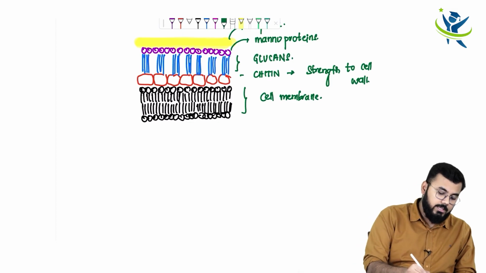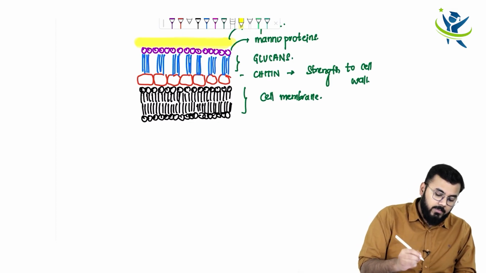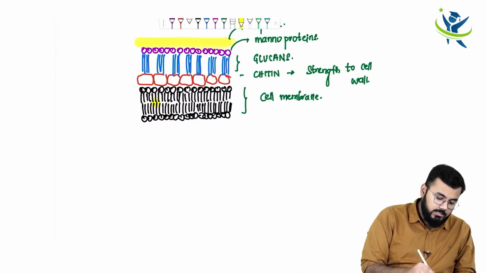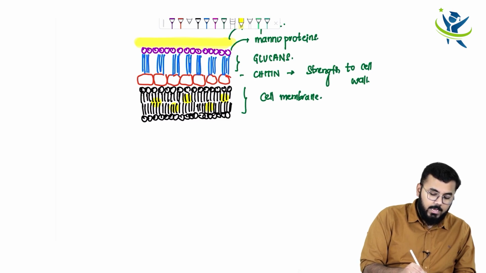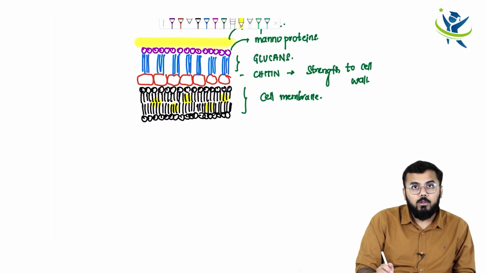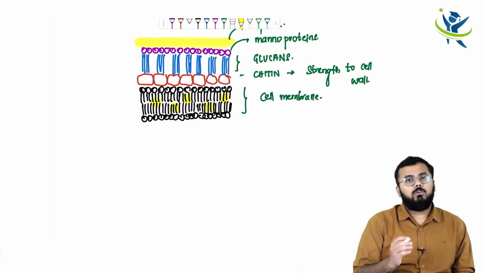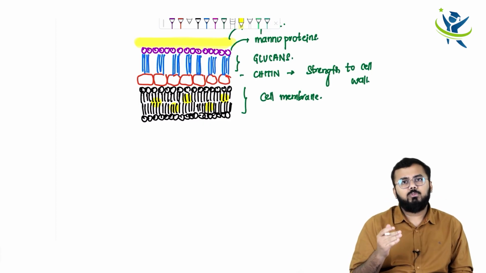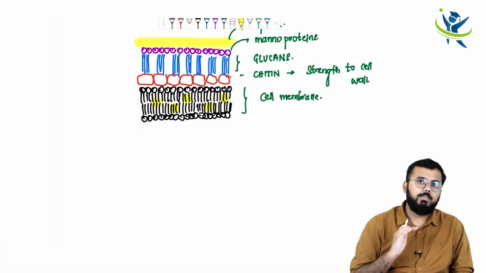Now the next important thing you need to know is that within this cell membrane we have some yellow colored molecules here and there. You can see some yellow colored dots which I'm drawing right now. These yellow colored molecules are called ergosterol. What is ergosterol? Ergosterol is exactly similar to the cholesterol which is present in our body.